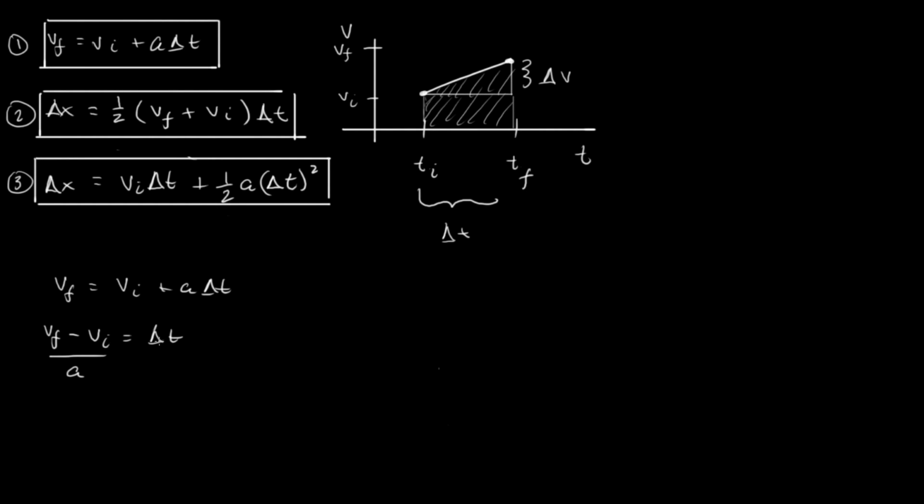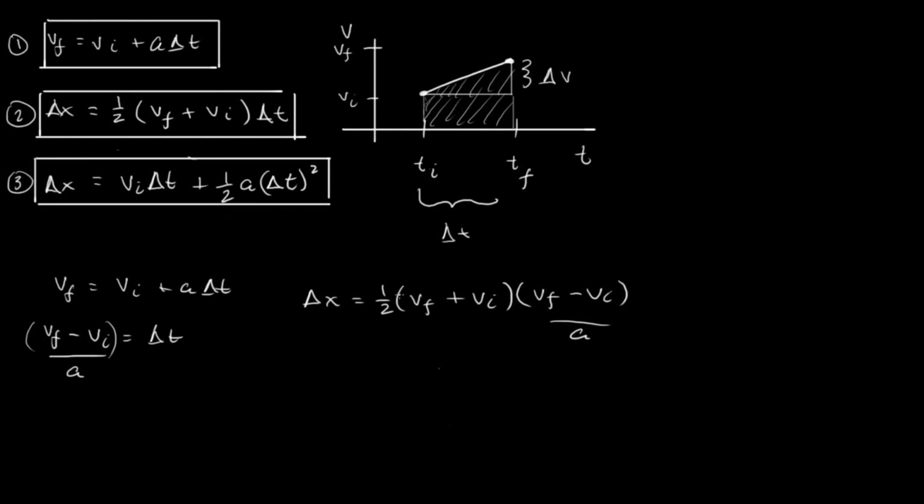So we're going to take this and plug it into 2. We'll write equation 2 down again: delta x is equal to 1/2 times v sub f plus v sub i. Now instead of the delta t, we're going to plug this into it. I'll put that in parentheses, so this will be v sub f minus v sub i, and that's all over a.